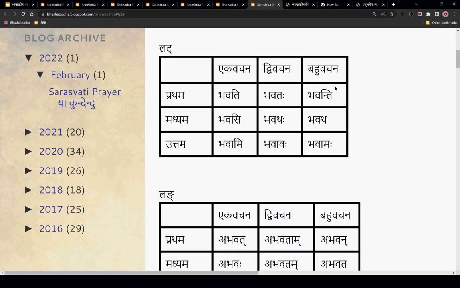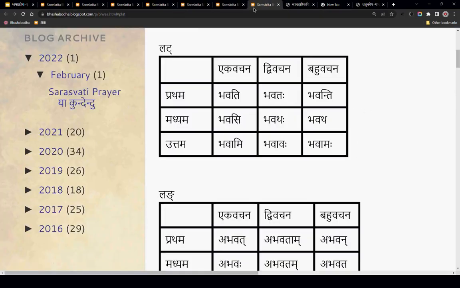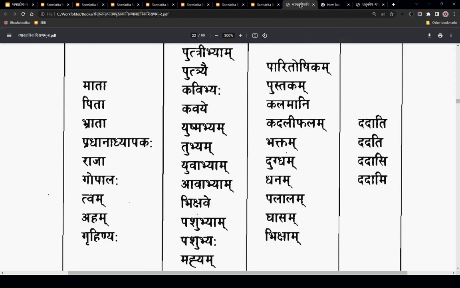Okay. So in this column, dadati is in which purusha? Prathama purusha, ekavachana, right? But what is our rule? Who is the karta in your sentence? Karta is tvam.